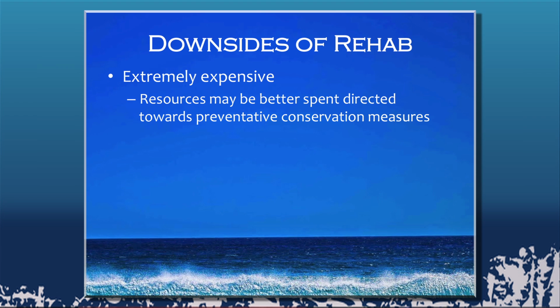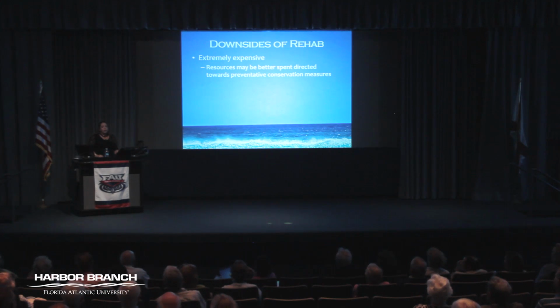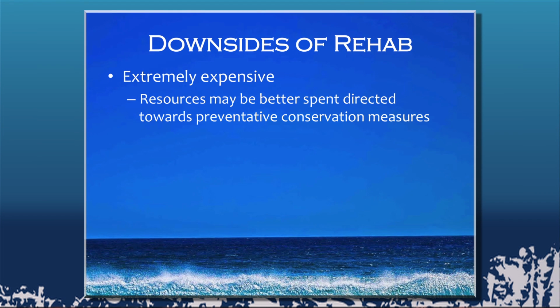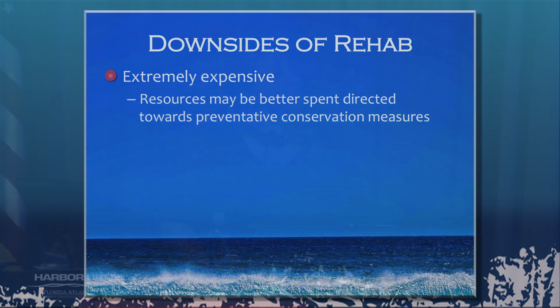So when we talk about rehab, a lot of people want to focus on the good things, but there are also a lot of downsides to rehab that a lot of biologists will argue. First of all, it's extremely expensive. There are several recent studies indicating that rehabilitation of a single animal can cost over $100,000, depending on the species and the duration of rehabilitation.